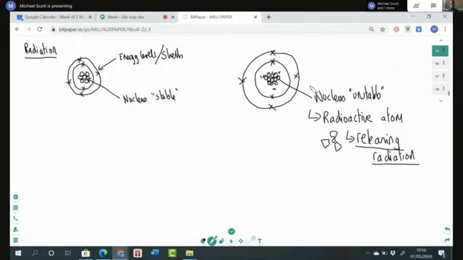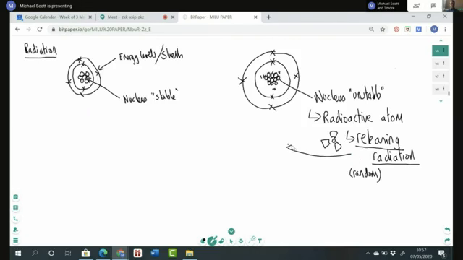It's important to realize, guys, as well, that this process of releasing radiation is a very random process, i.e., you can't predict when the atom will release radiation. And there's a key word that you would be expected to use when talking about the release of radiation.